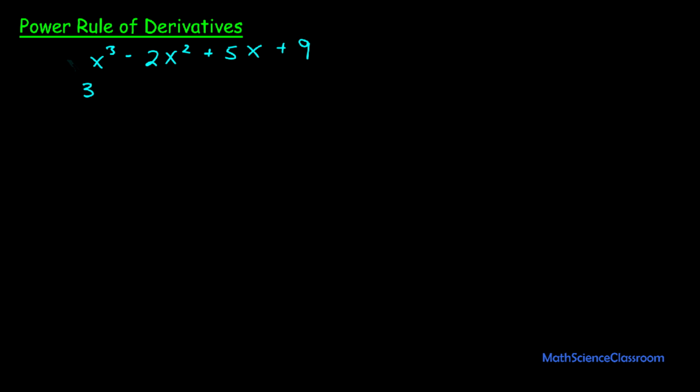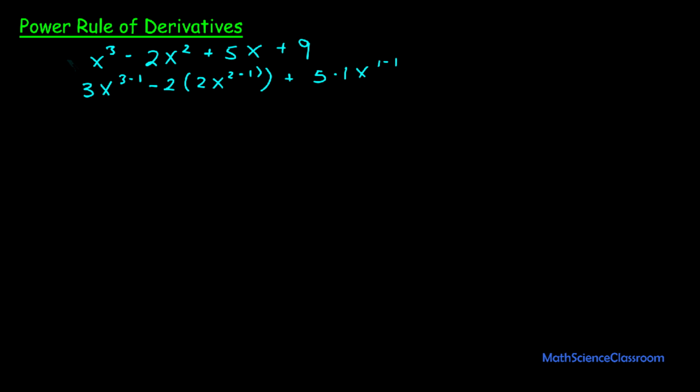And using the power rule, we have 3x to the 3 minus 1, minus 2, and then we have 2x to the 2 minus 1 power, and then we have plus 5, and this is x to the first power, so it would be 1x to the 1 minus 1, which is 0.